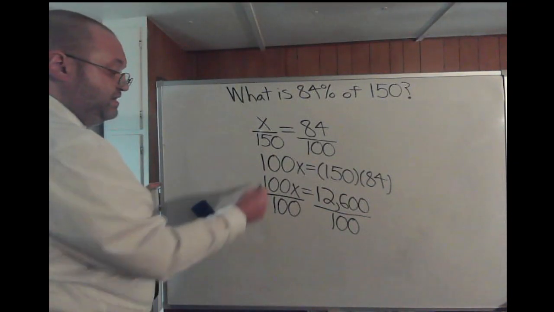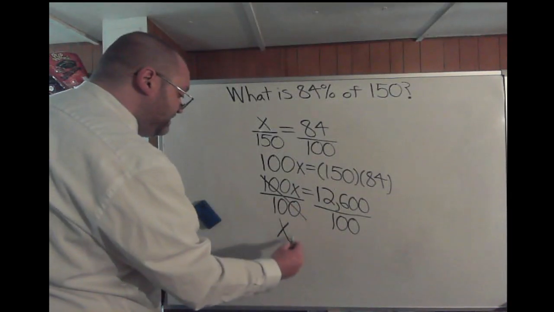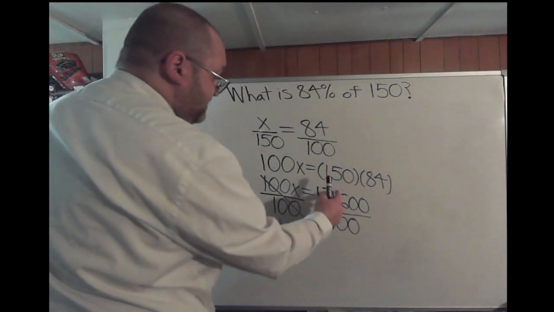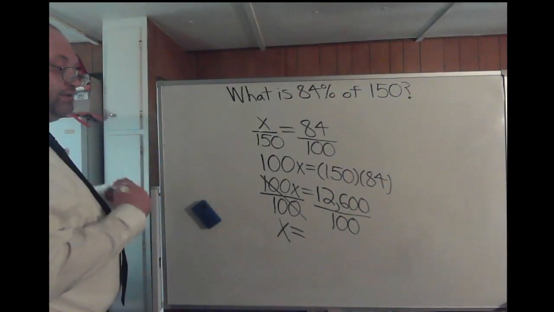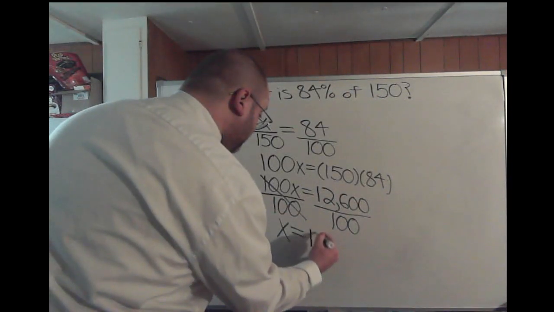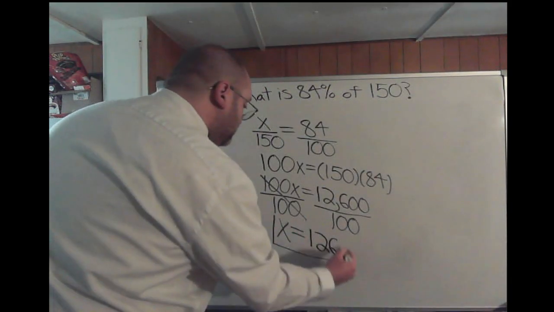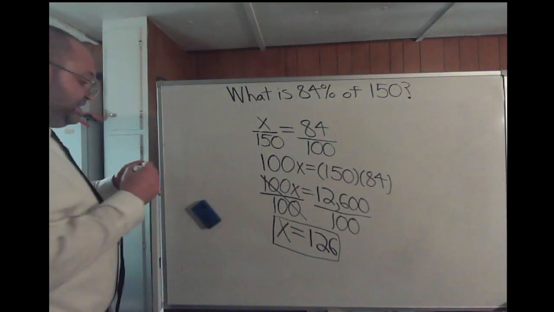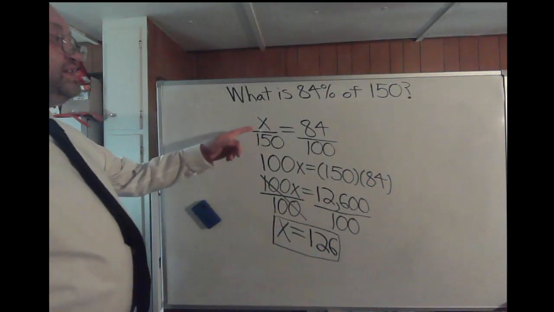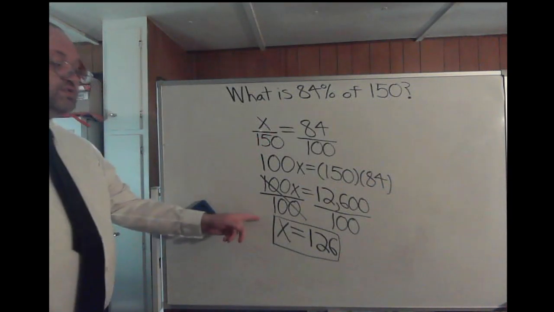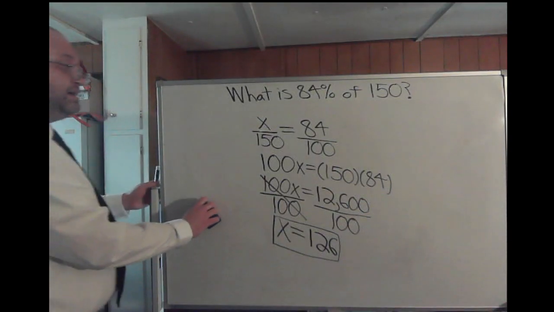Okay, left side 100 cancels out, you're just left with x. That's equal to the result of 12,600 divided by 100, which would end up being 126. So x equals 126, so the answer is 126 is 84% of 150. That's what you would get. The answer is 126.